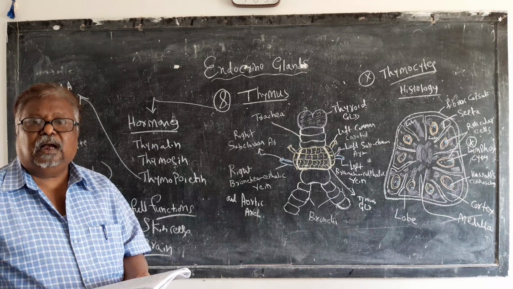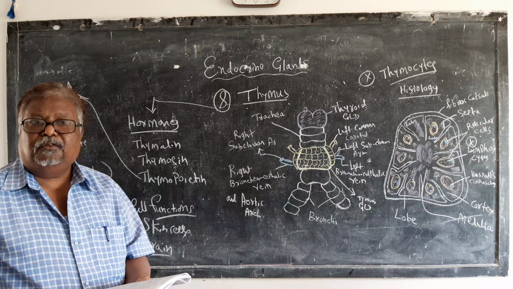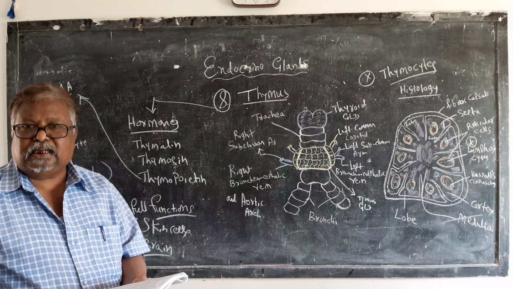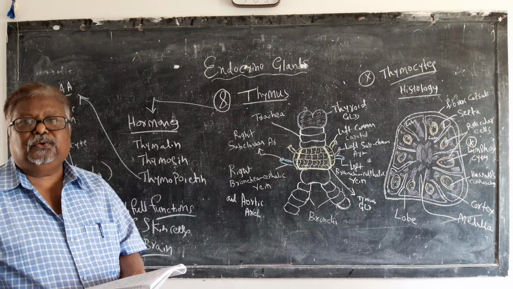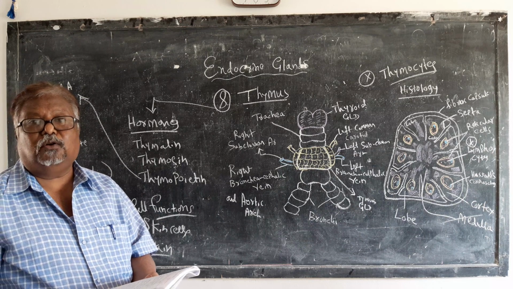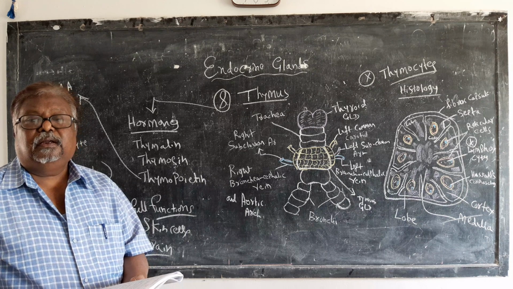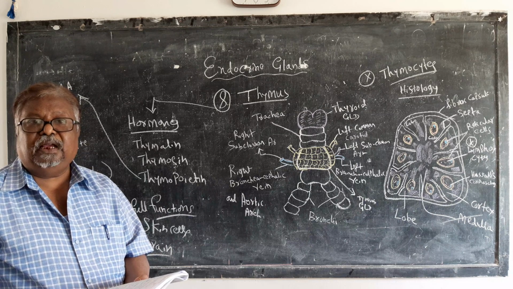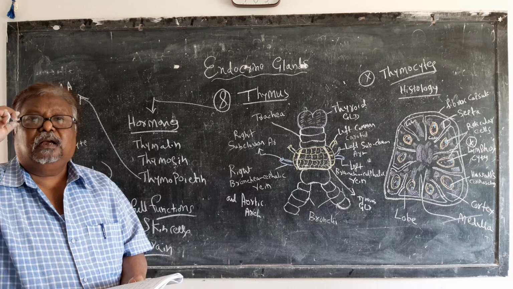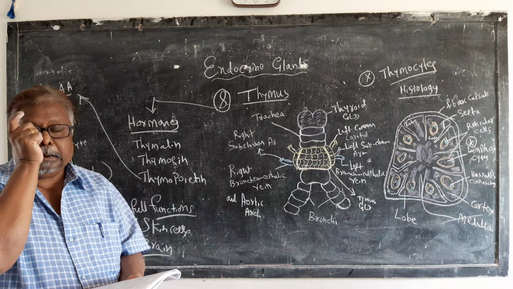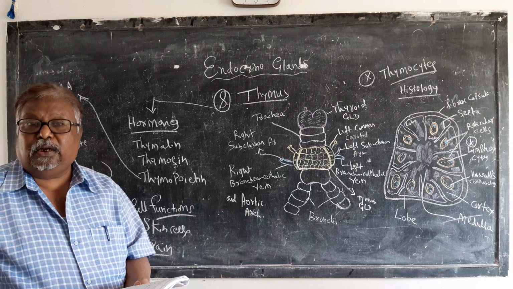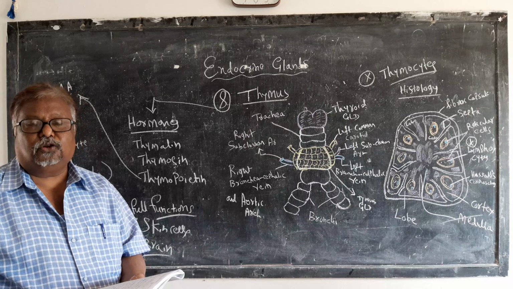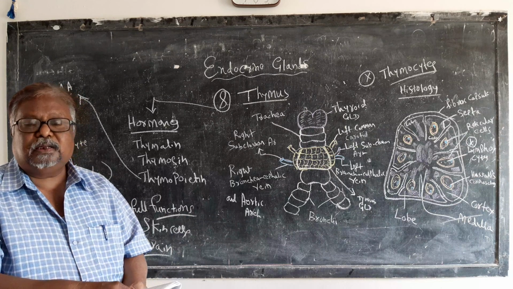But apart from their reproductive function, these two organs, the testis and ovary, produce very important hormones to maintain the production of the sex cells as well as the characters of male and female individuals. So the testis and the ovaries are not only reproductive organs, they are endocrine glands also. Tomorrow we are going to study the testis and the ovaries.